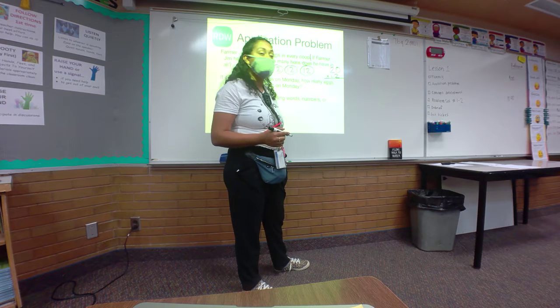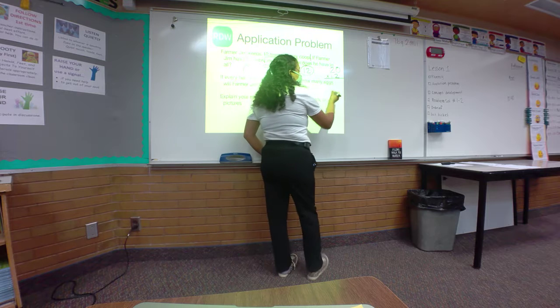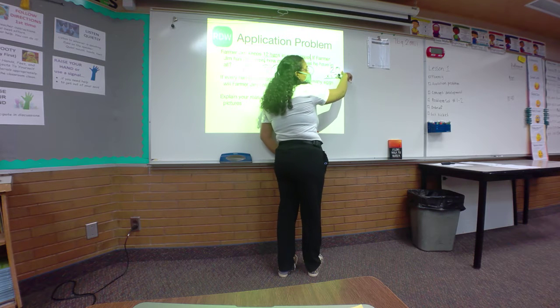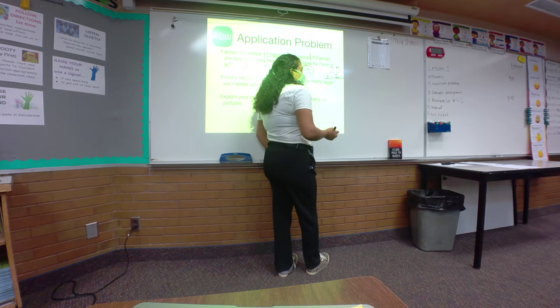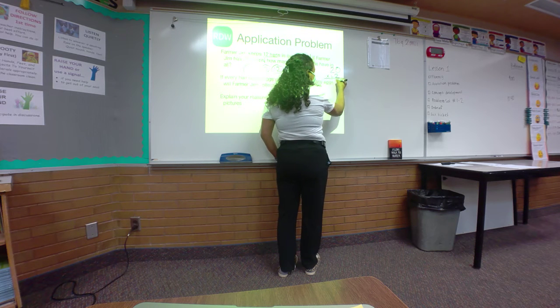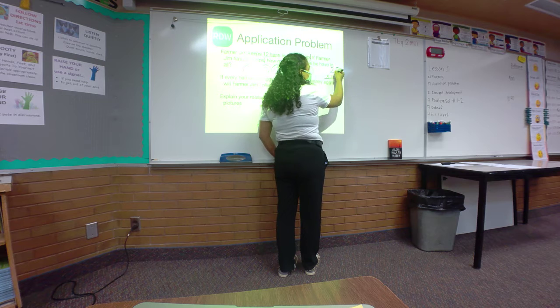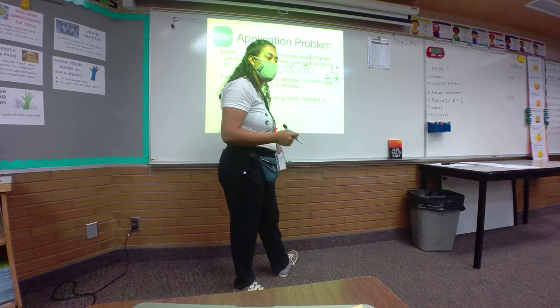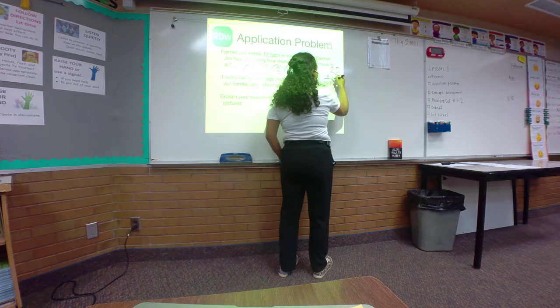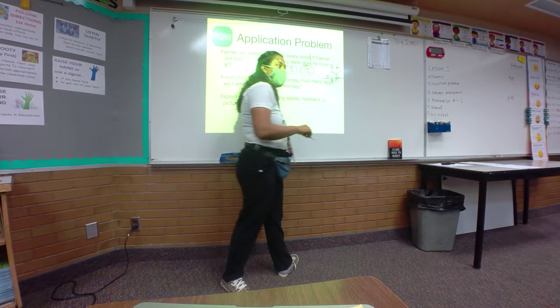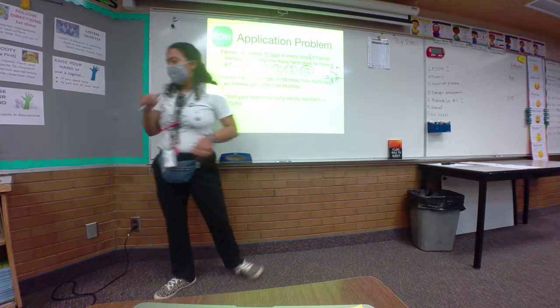Ready to do it? Alright, so first we do ones times the ones. So 2 times 0 is 0. 2 times 2 tens is 4. So 4 tens, so 40.